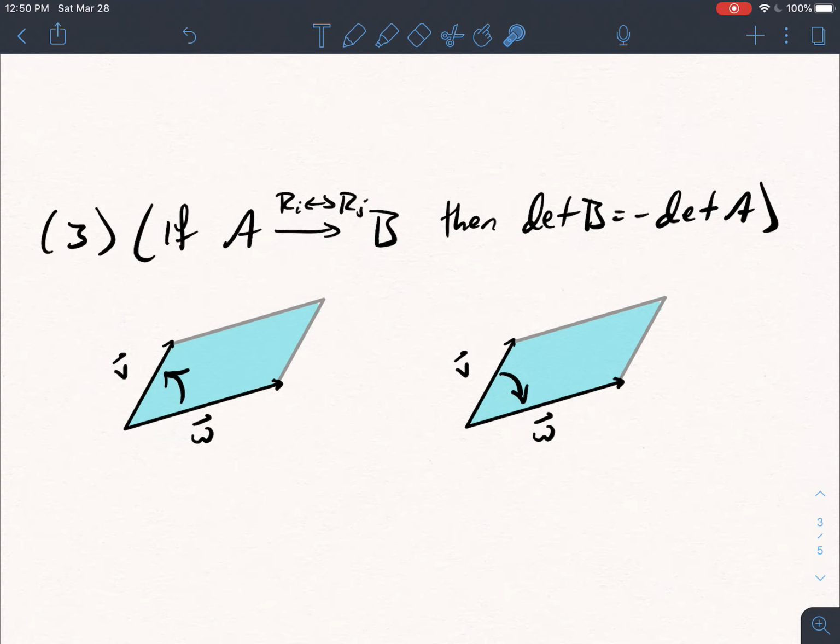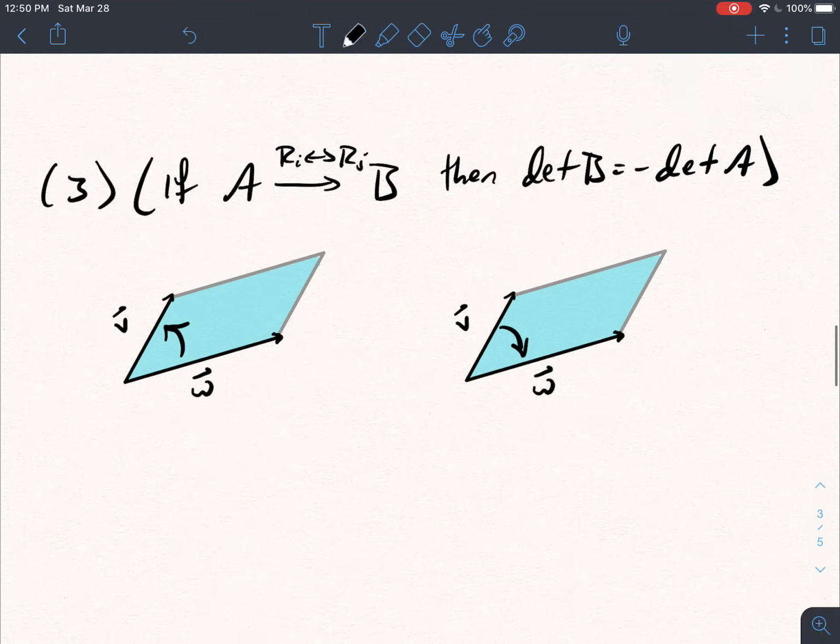You could make sense of this for three-dimensional boxes as well. I don't really want to get into exactly the geometric interpretation of that, but you could figure out what the signed area is by looking at the determinants of these matrices, as we'll see soon.